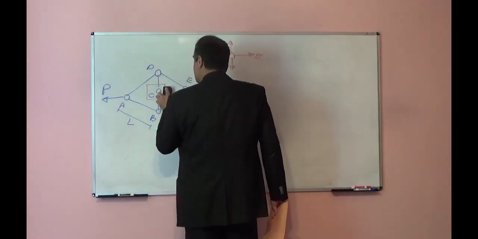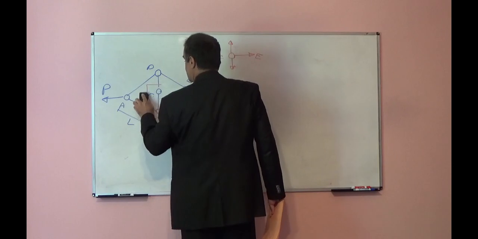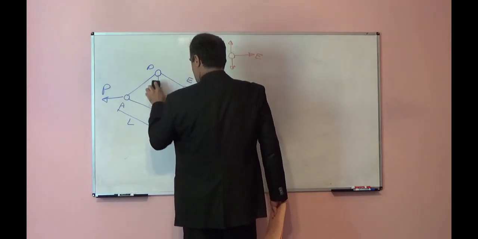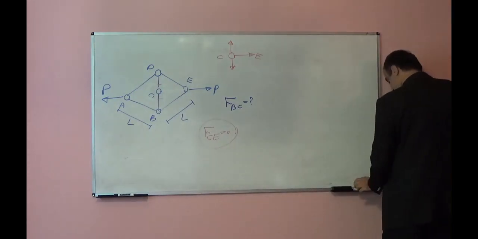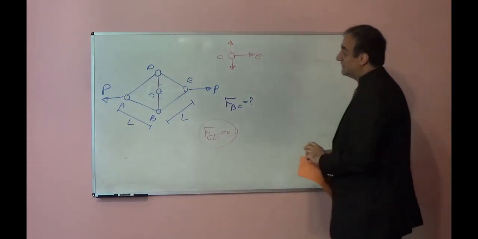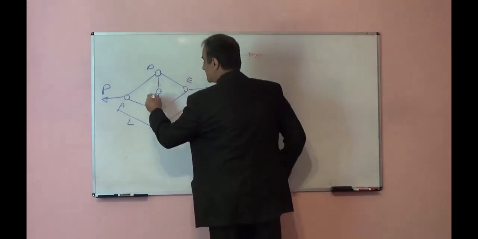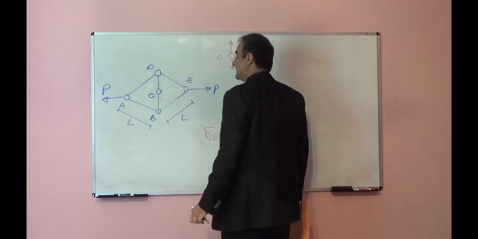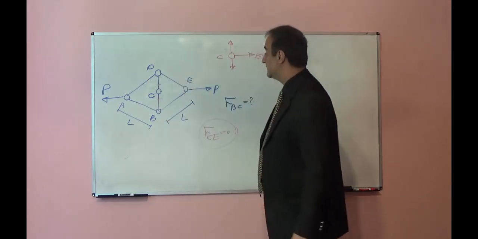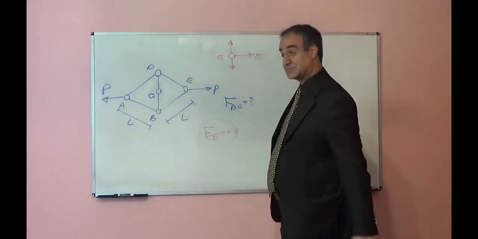If I remove that member, what will happen? We will have only the DC member and CD member in this direction, perpendicular to the P direction.